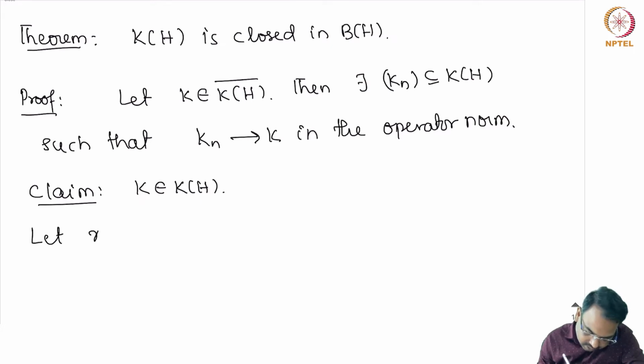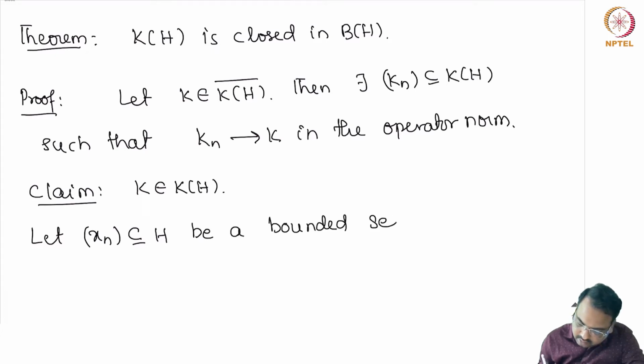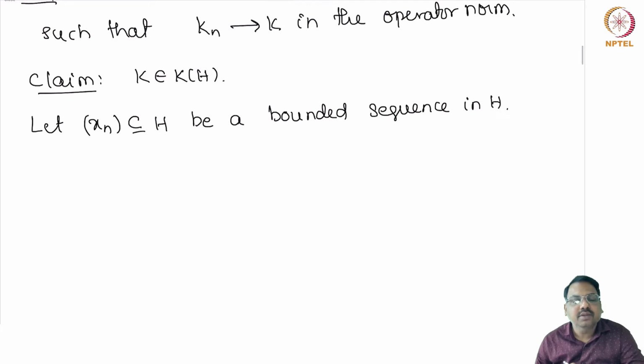Let xn be a bounded sequence in H. Now from this bounded sequence we have to construct a subsequence xnk such that K of xnk is convergent. Okay.